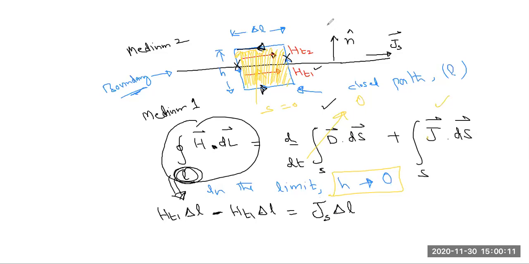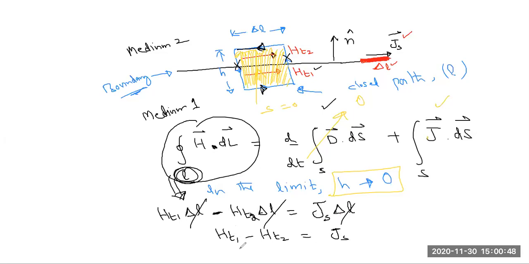So how much current will be within this? It must be equal to Js multiplied with delta L. So this delta L cancels out. So we end up with HT1, sorry, this was HT1 minus HT2 equal to Js.